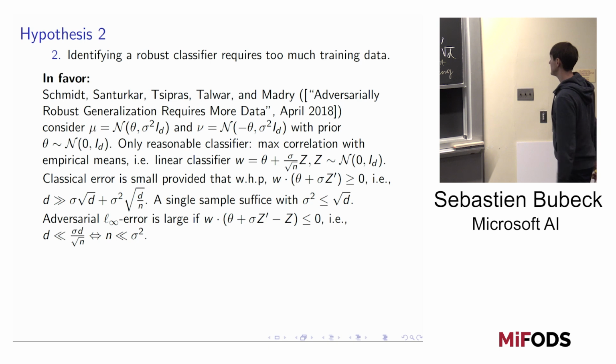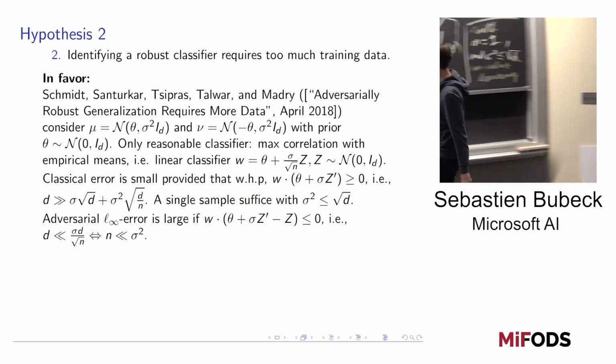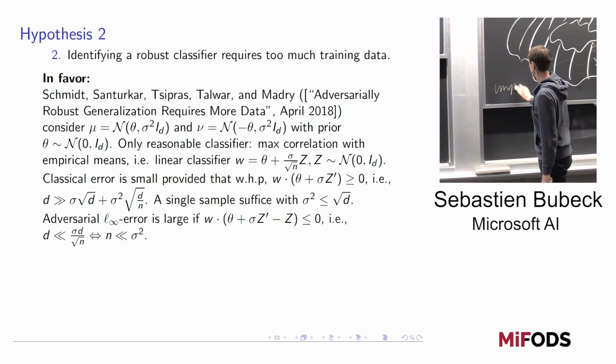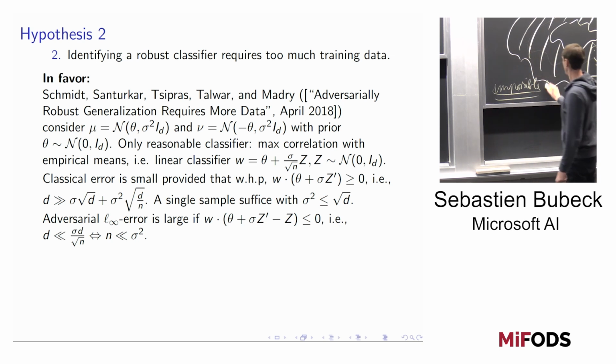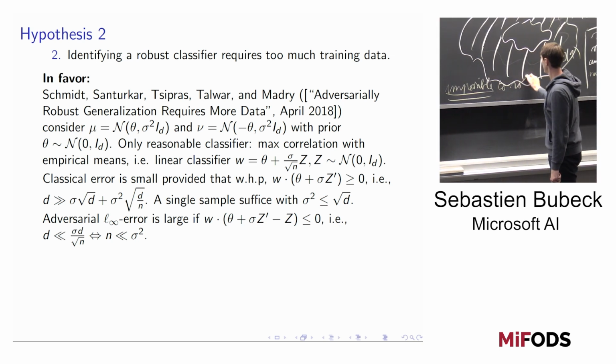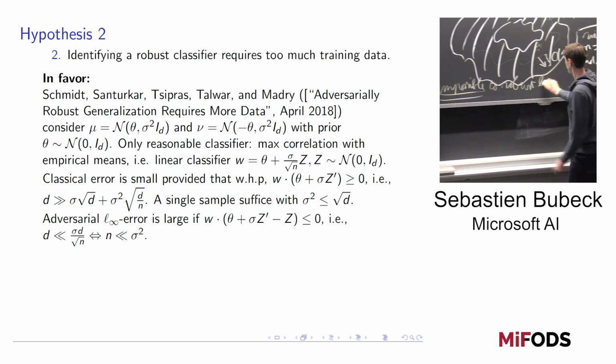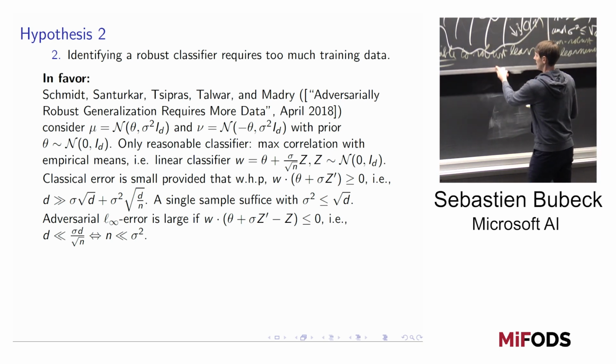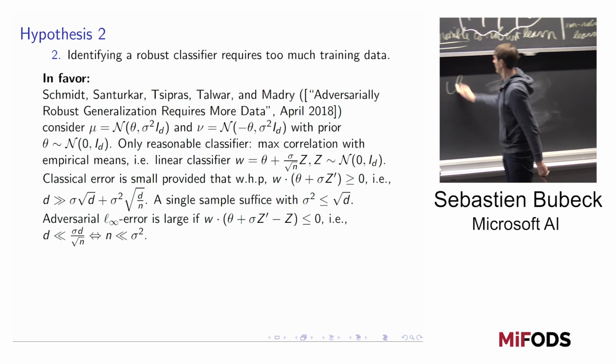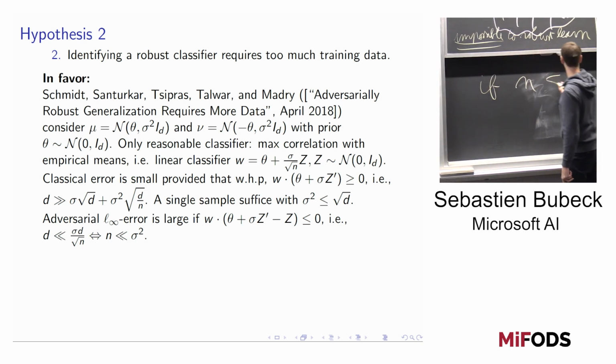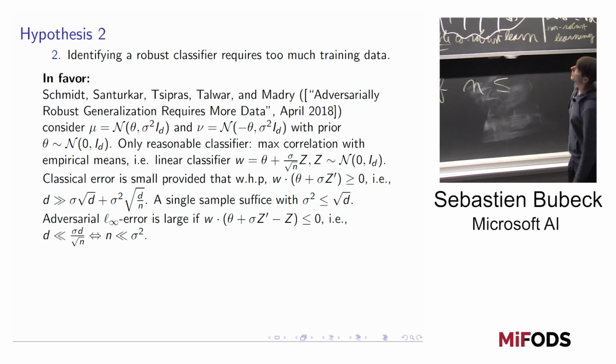So what this is saying is that it is impossible to robustly learn if n is smaller than sigma squared.